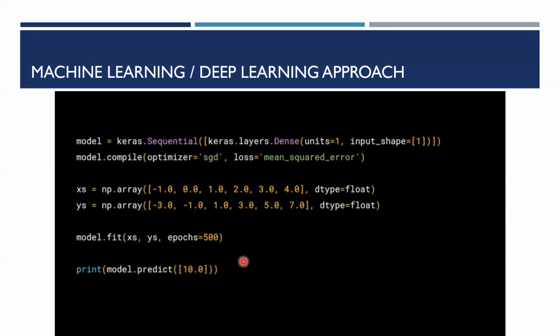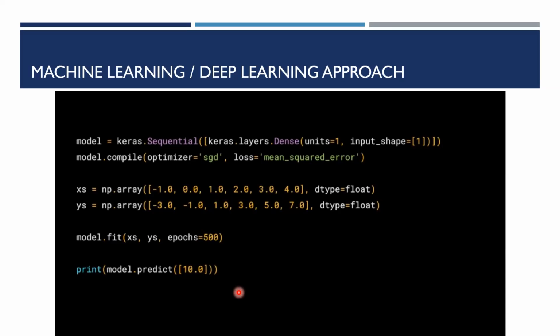But when you are trying to do it using a neural network, here the data is very less, and you're only using one layer and one neural network. Because of that, your prediction will not be just 19. It will be something like 18.998, something very near 19.